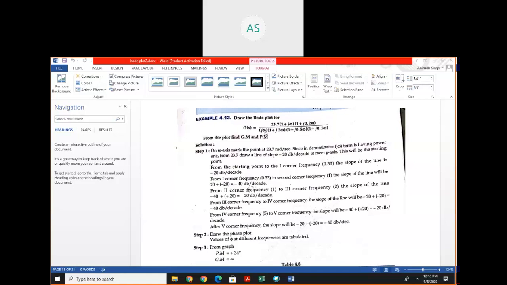So the starting point is omega equal to 23.7, and from this point on the omega x-axis, when omega is equal to 23.7, draw a line of minus 20 dB per decade and produce this line so it cuts the y-axis.